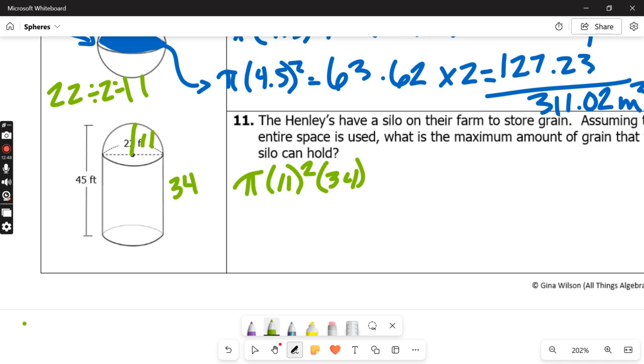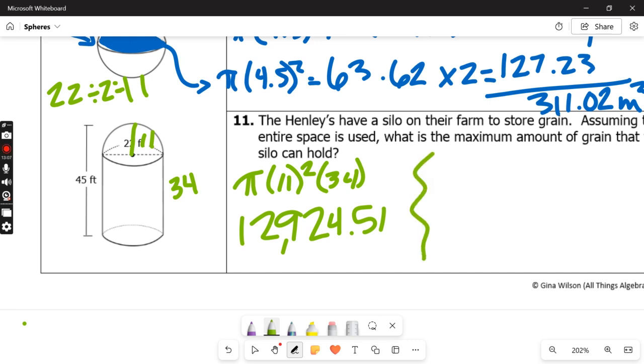Okay, so pi times 11 squared times 34, which is 12,924.51. Okay, and then I'm going to find the volume of that hemisphere.